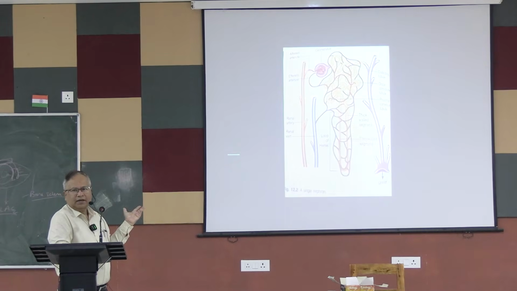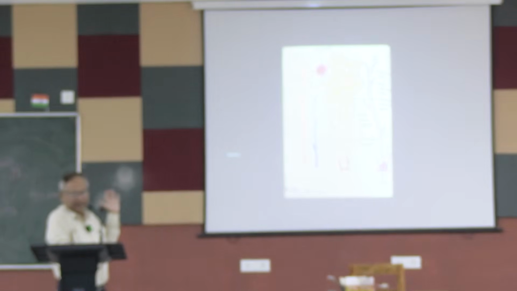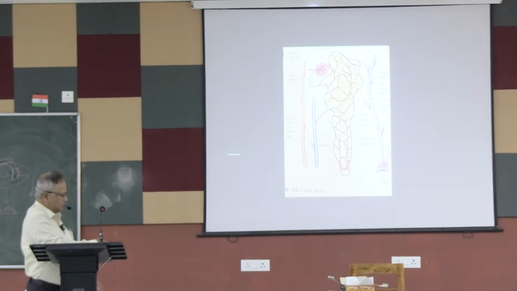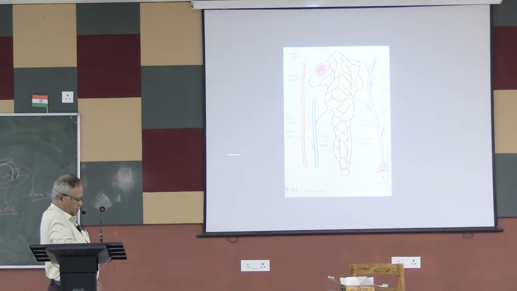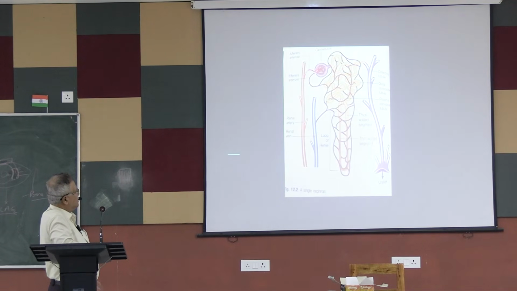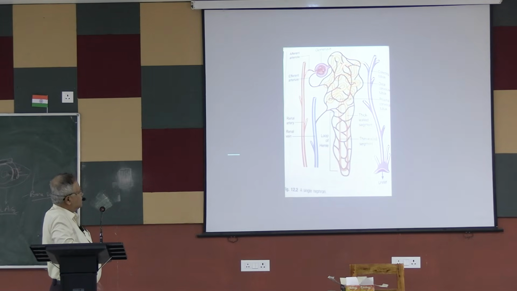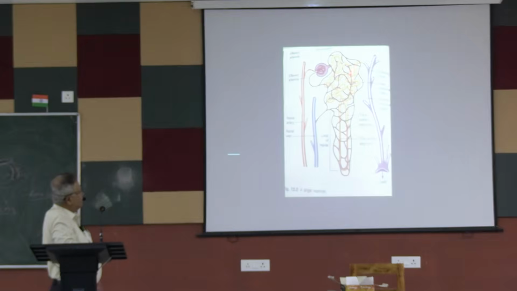This is the quintessential nephron you have been seeing since your class 9 days. Let's look at it once more. This is the renal artery from here. An afferent arteriole forms the glomerulus, then goes out as the efferent arteriole, forms the arterial plexus around the nephron, finally forms the renal vein and goes out.